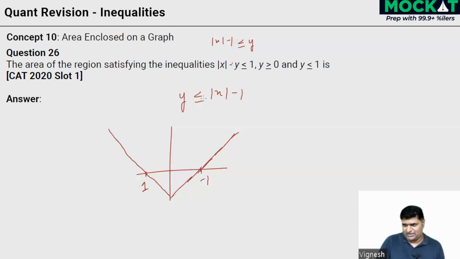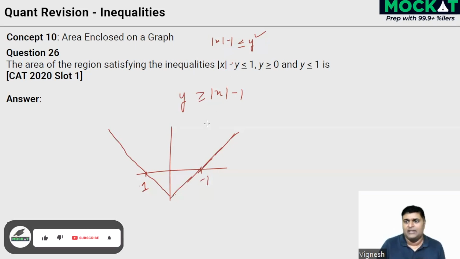That's a mistake I made over here. If I take y over here, it's greater than equal to mod x minus 1, which is correct. But when I put the y in this side and mod x minus 1 over here, it's the other way around. Should be greater than equal to. The inequality has to be changed. I've changed the sides. That's it.